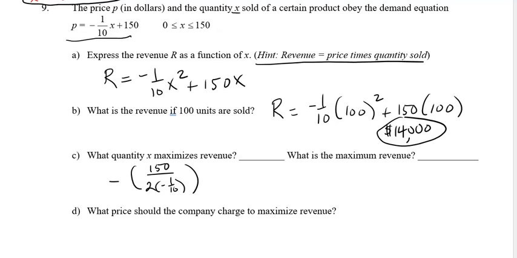So 150 divided by negative 1/10, or negative 2/10, is really the same thing as 150 divided by negative 1/5, but that's the same thing as multiplying by negative 5. So that should be the opposite of negative 750, which is positive 750.